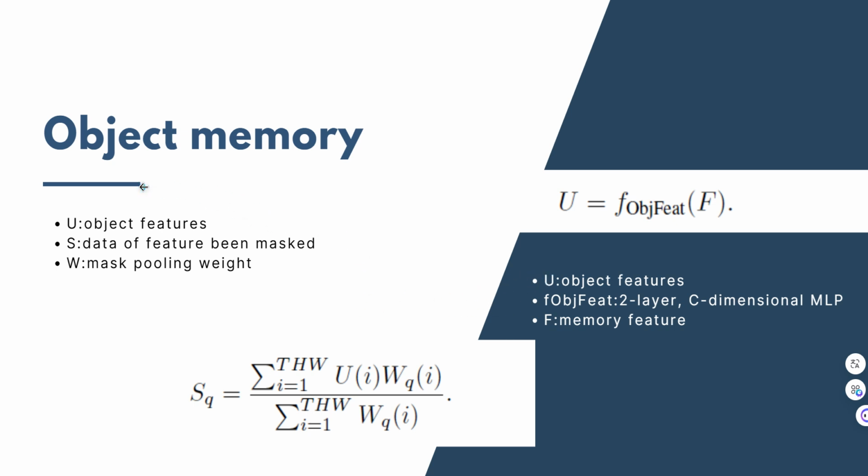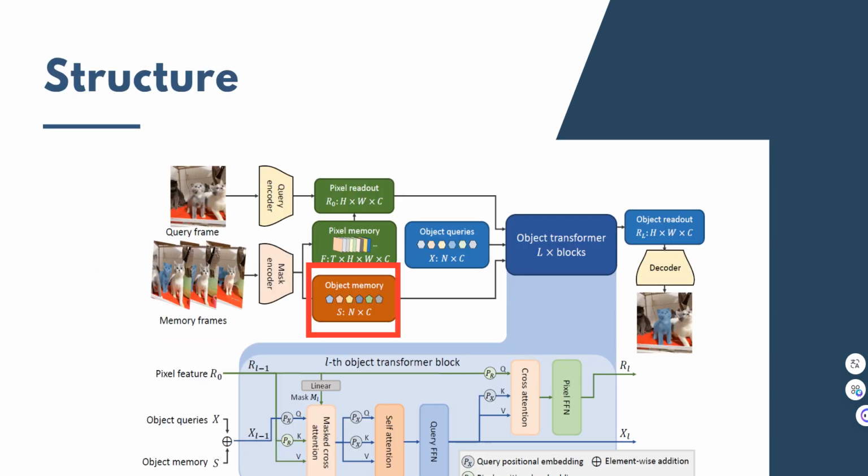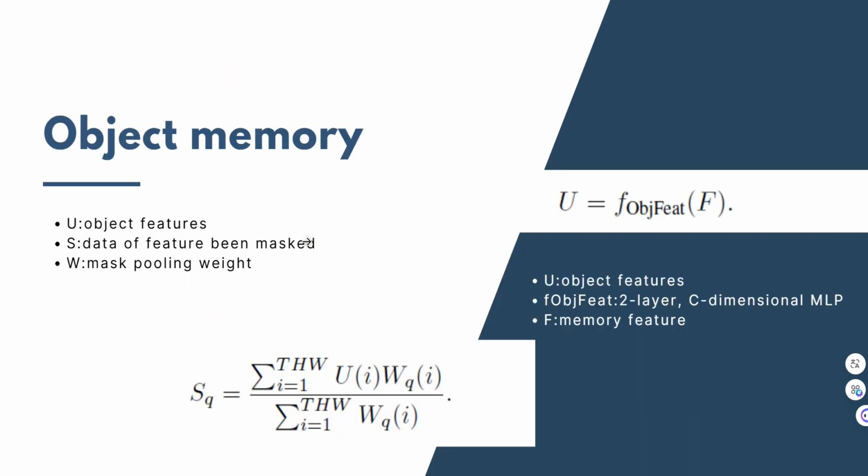The object memory stores the trained frames. U stands for the object features, and W is the mask pooling weight. As we can see, the object memory is generated by the mask encoder, so it will have a mask system.